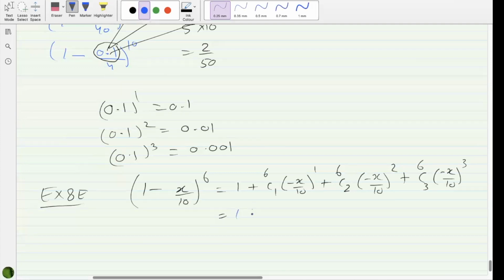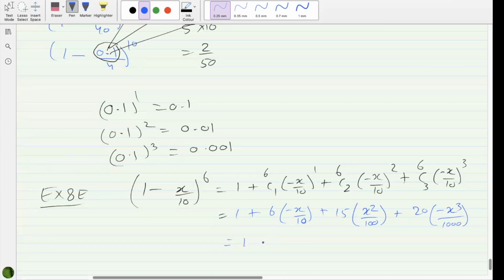So this is 1 plus 6c1 is 6 times minus x by 10 plus 6c2 is 15 times x square over 100. Then 6c3 is 20 times minus x cube over 1000.